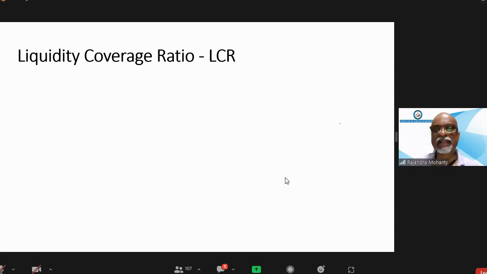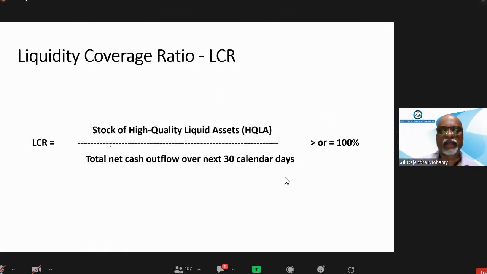Okay, so how will this be calculated? You have to calculate according to the HQLA. You have to maintain that stock of high quality liquid assets with you.